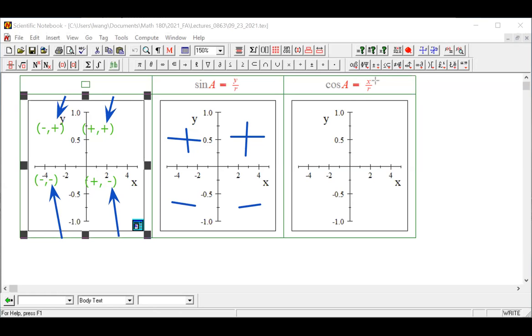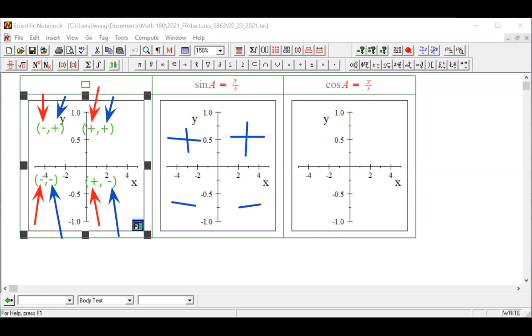Now, how about cosine? Cosine is x over r. R is always positive. So whenever x is positive, cosine is positive. Whenever x is negative, cosine is negative.